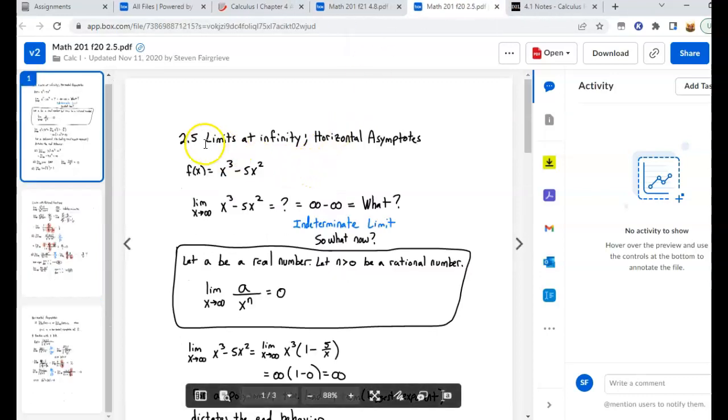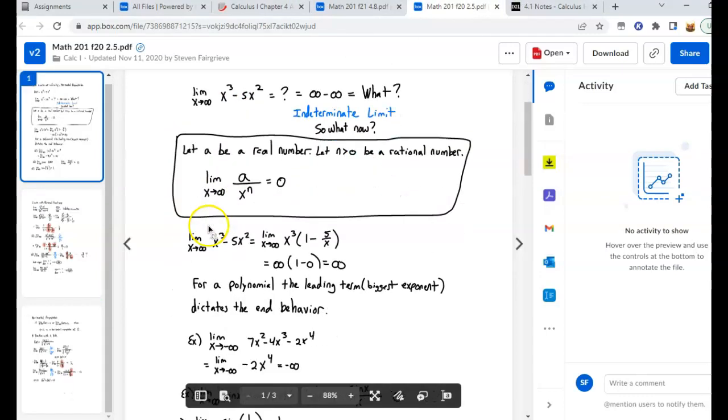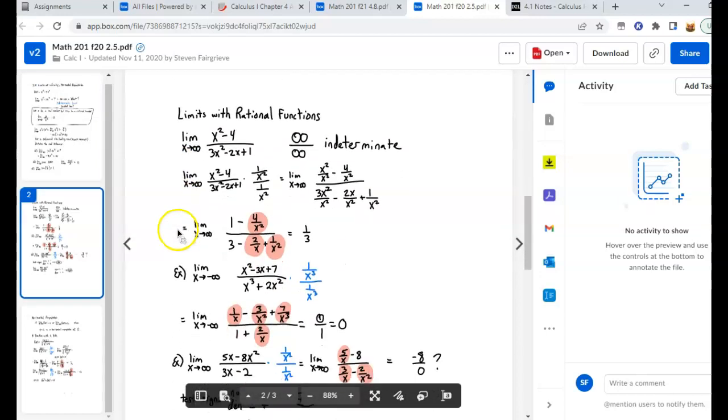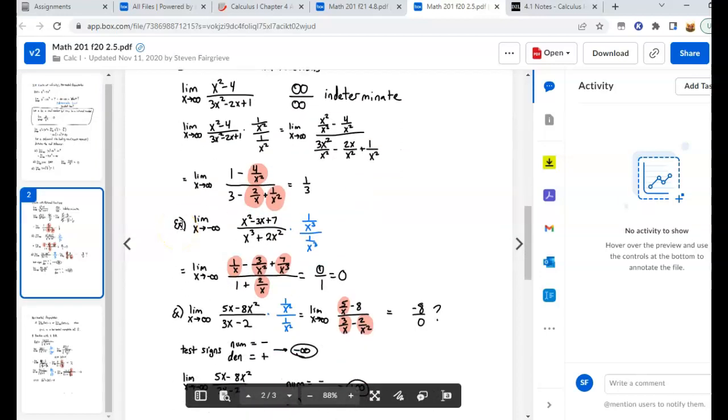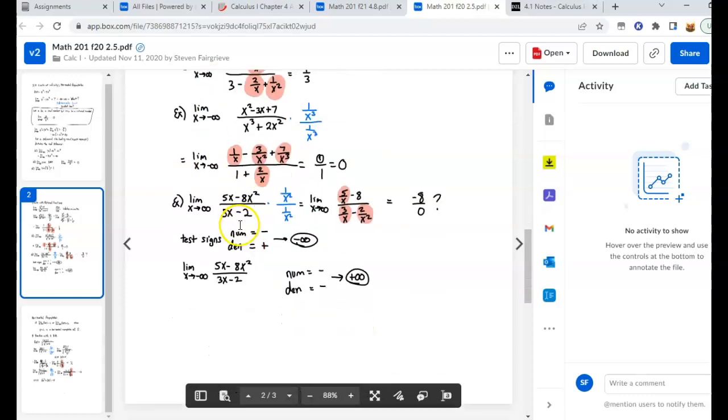The final topic that we talked about were limits at infinity. And so then you will have some questions where you're asked to compute limits at infinity. And basically, the process here is that we divide by the largest power of x, to see what's left over.